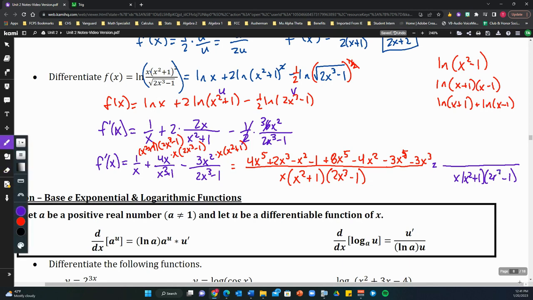So that would be 9x to the fifth. Then we've got our cubic terms, 2 minus 3, so minus x cubed. Negative x squared, forgot that one, minus 4x squared would be minus 5x squared. And then our one lonely little constant term of negative 1.